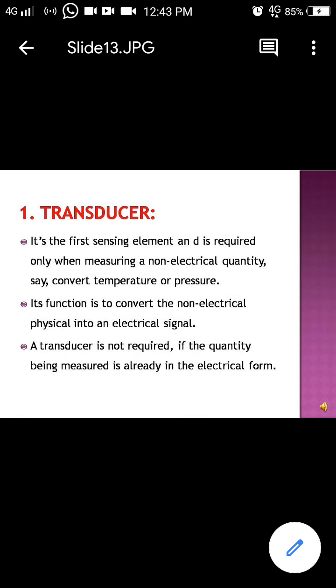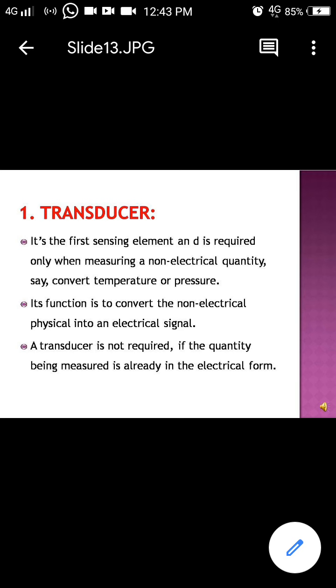Transducer. It's the first sensing element and is required only when measuring a non-electrical quantity, say temperature or pressure. Its function is to convert the physical quantity into an electrical signal.